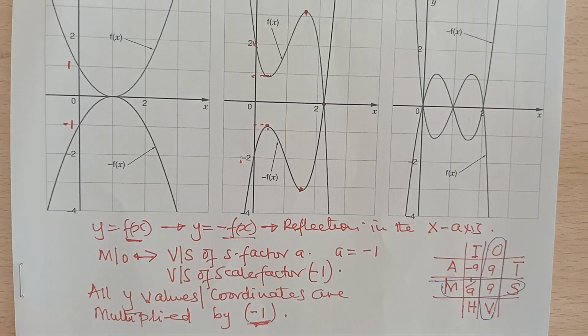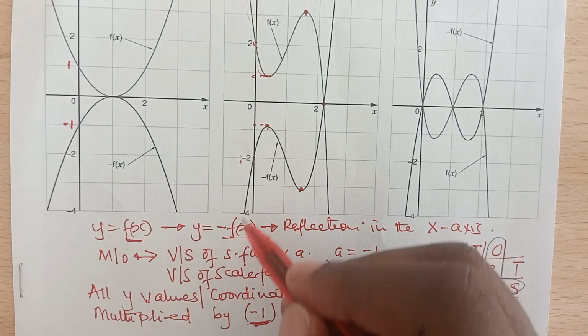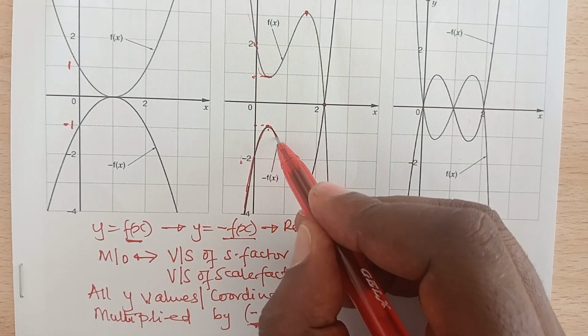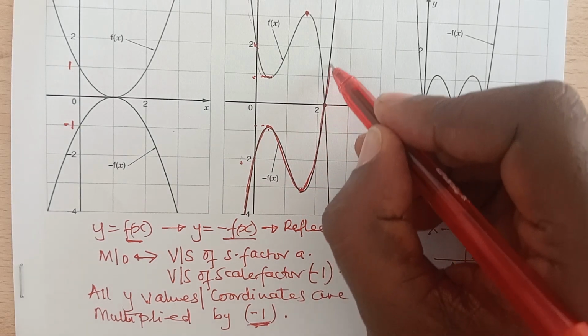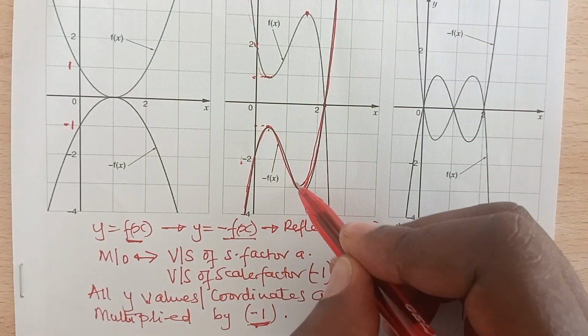So if this was the original graph, the one I'm now drawing in red is the graph that is the result of reflection along the x-axis.